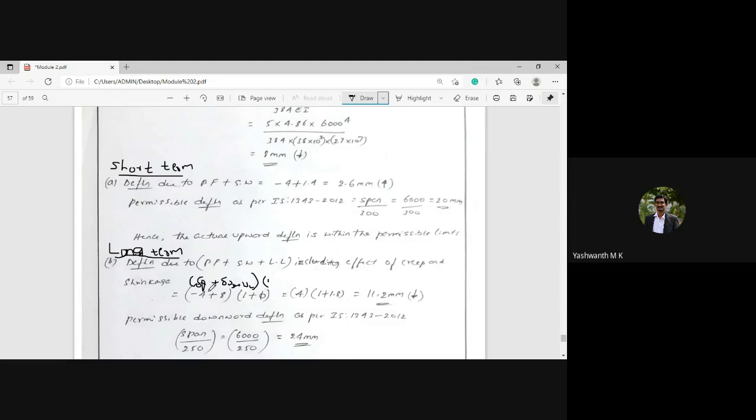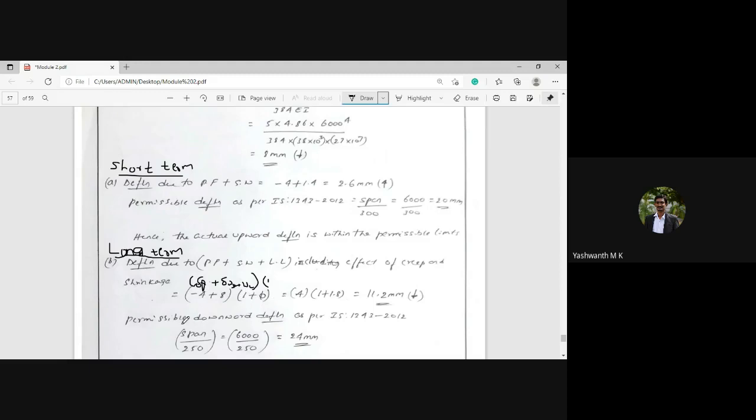You already know the deflection due to pre-stressing force is -4 plus deflection due to dead load and live load, which is 8, multiplied by 1 plus creep coefficient, which is given in the problem as 1.8. After substituting everything, you will get 11.2 millimeter, which is acting downwards. Is it clear? So like this, we need to calculate the long-term deflection by using this formula.